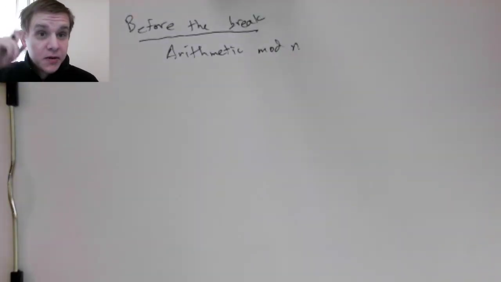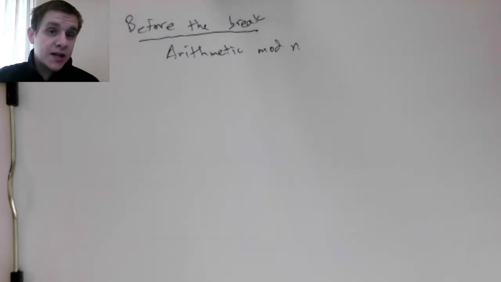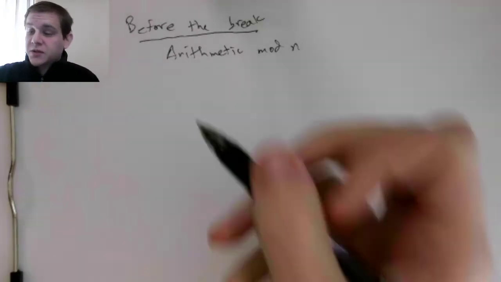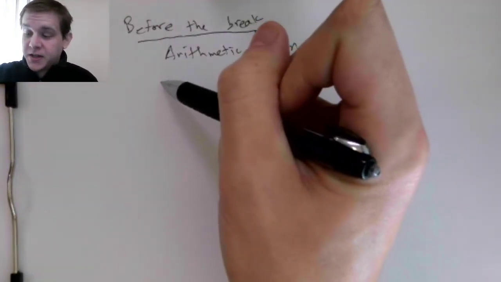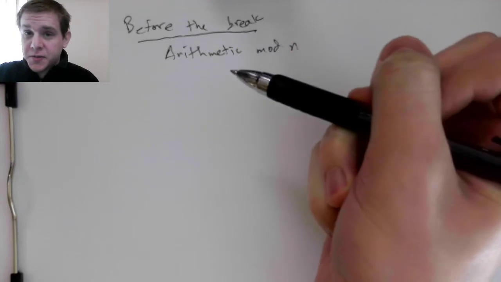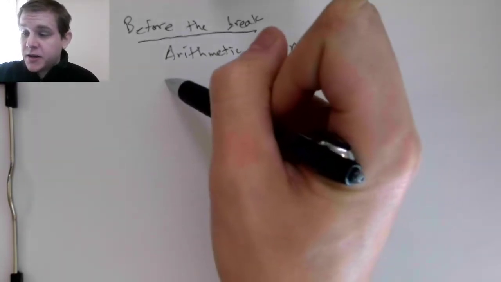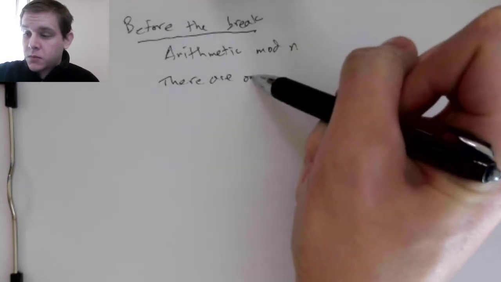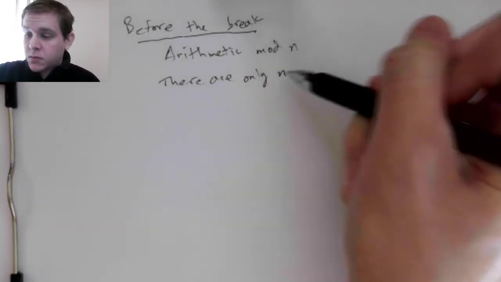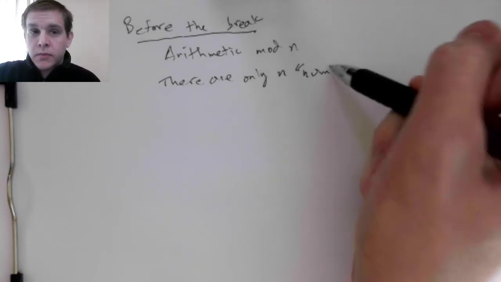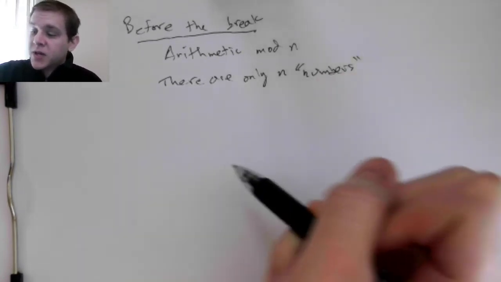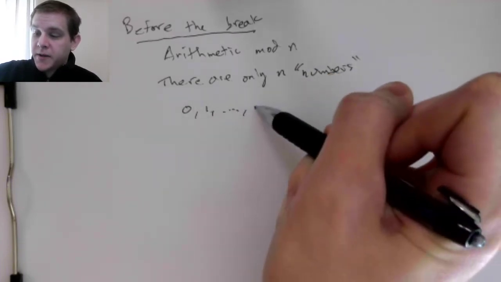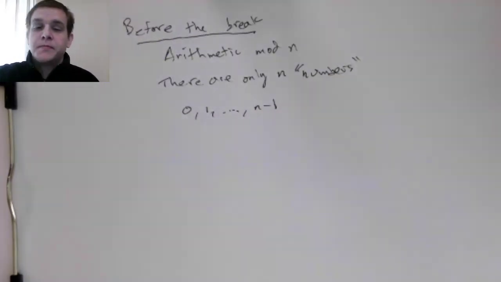They're built from our usual integers that we can add, subtract, and multiply, but there's much fewer of them. There's only finitely many. So in arithmetic mod n, there are only n numbers, and they're represented by 0, 1, all the way up to n minus 1.